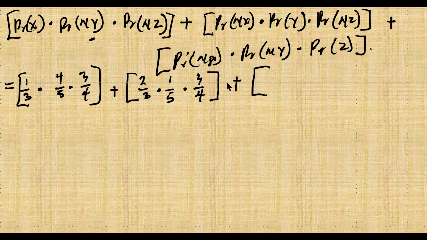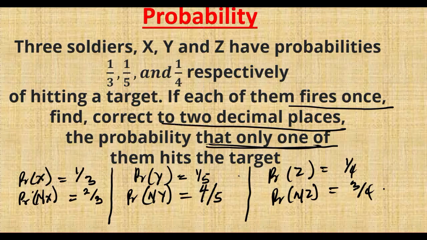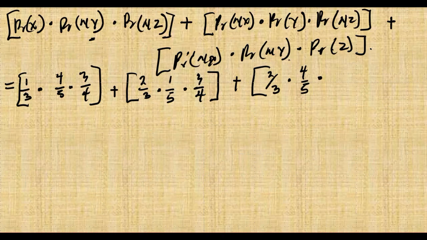Or we have the probability of X not to hit the target, that's 2 over 3, and probability of Y not to hit the target, that's 4 over 5, and probability of Z to hit the target, that's 1 over 4.